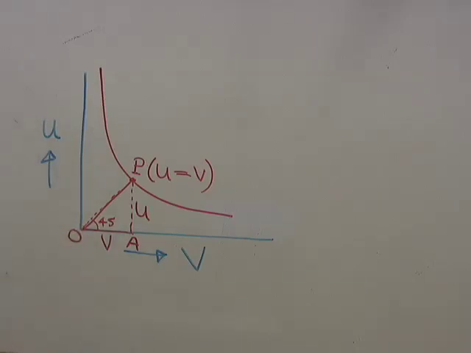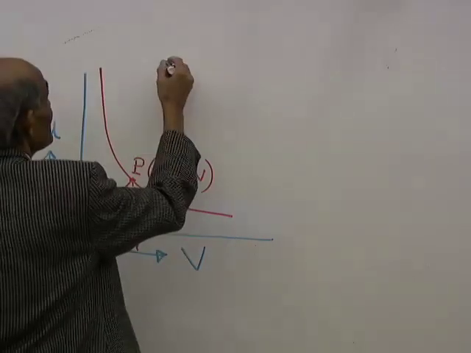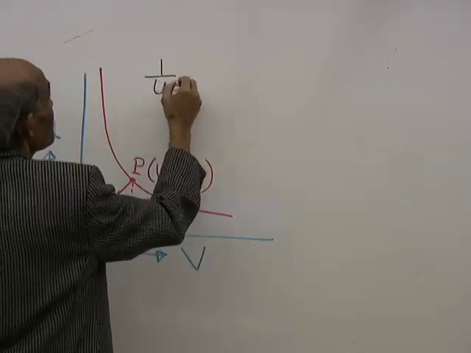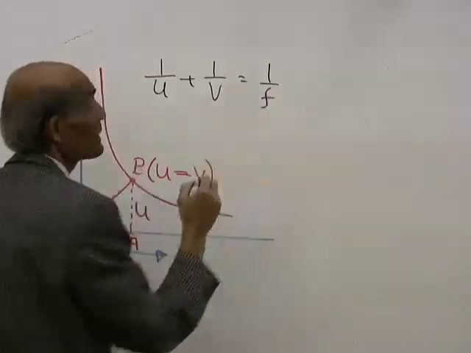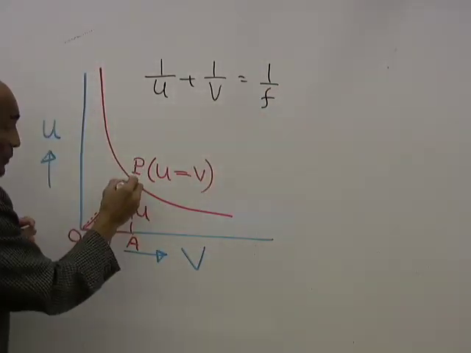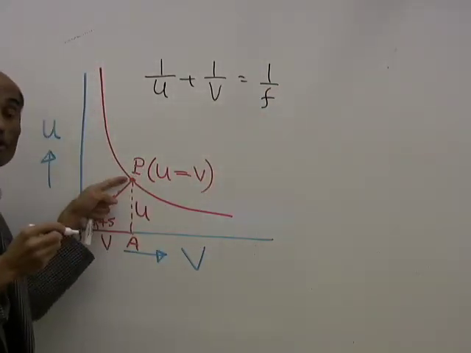Alright, let's write down the lens equation. The lens equation is 1 over U plus 1 over V equal to 1 over F. And what is the specialty of point P?